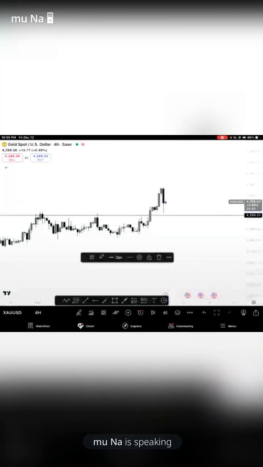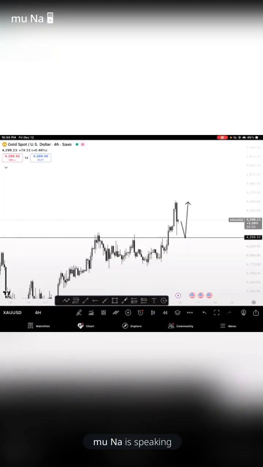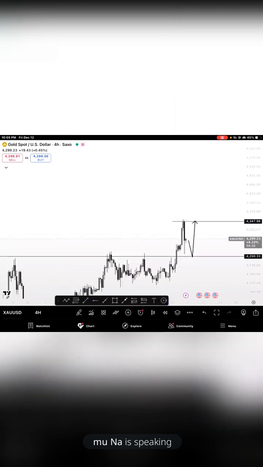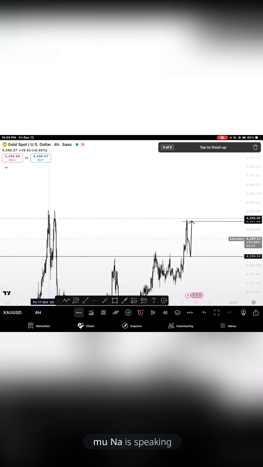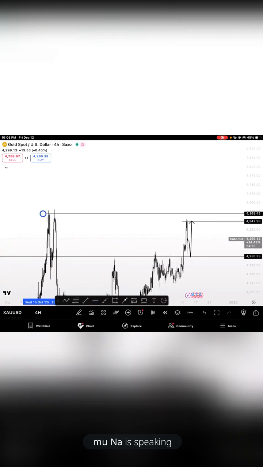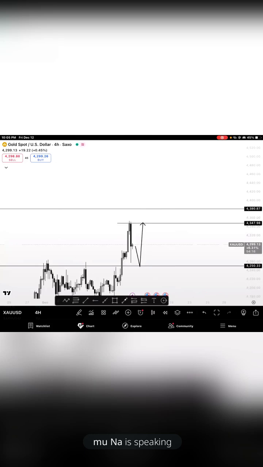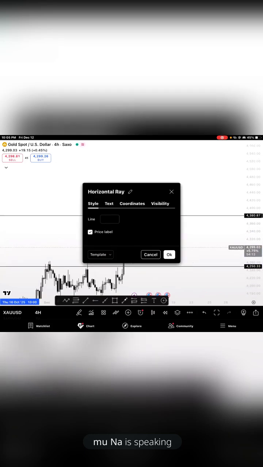We use confirmations to look for entries from this weekly zone. Then we can hold the buy till this high is taken out, this high first, then maybe this high next, and then probably this one. Maybe we can see an all-time high this year if gold is bullish. Do you get that?